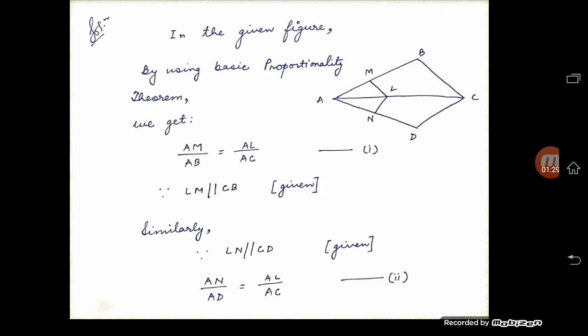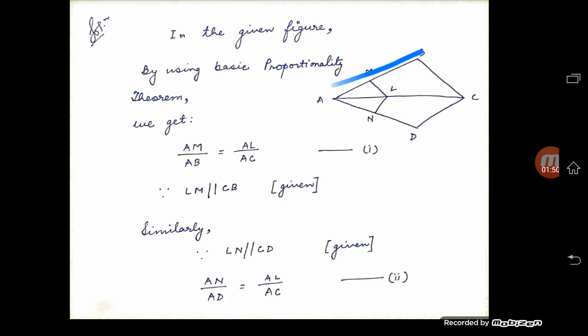So what does the basic proportionality theorem say? The theorem says that if a line intersecting two sides of a triangle is parallel to the third side, then that line divides the two sides in the same ratio.